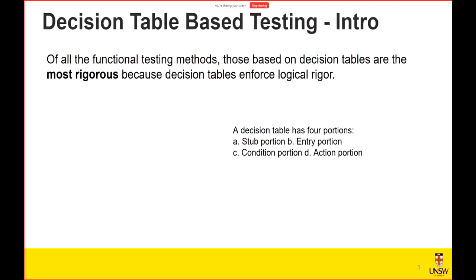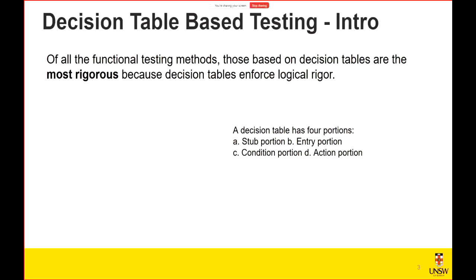So first, let's jump into some kind of boring definition of decision tables. So basically, decision table-based testing is to first build a decision table that can capture the actions we take and their relevant effects for the program.